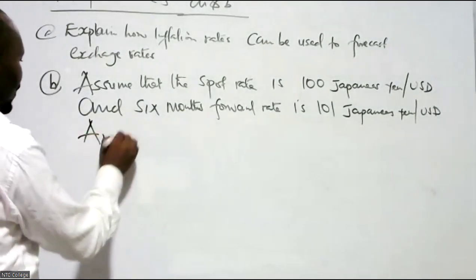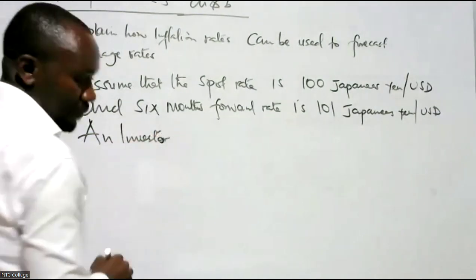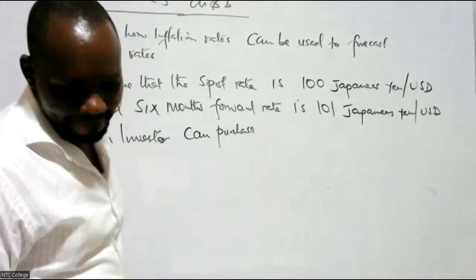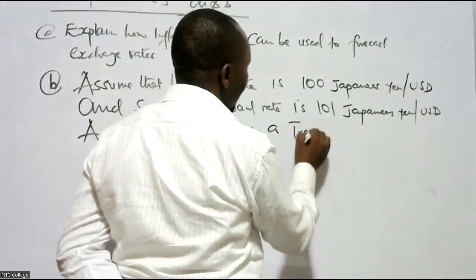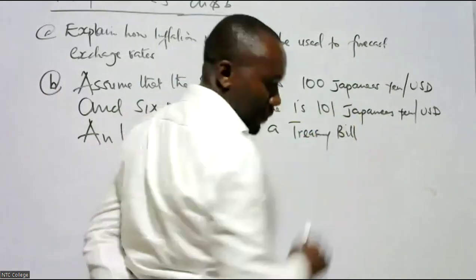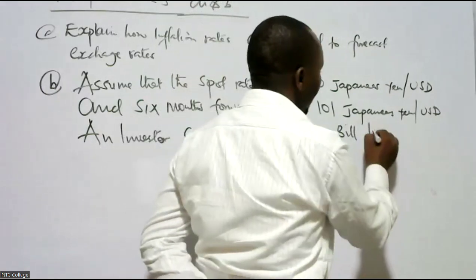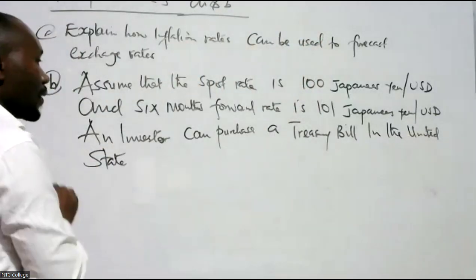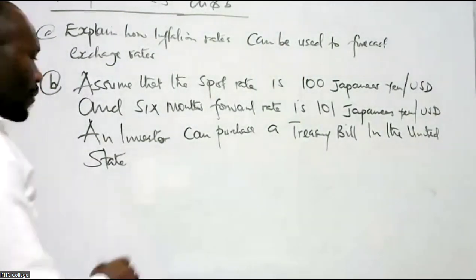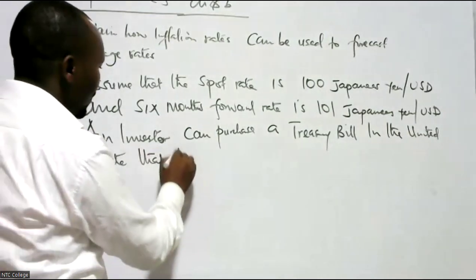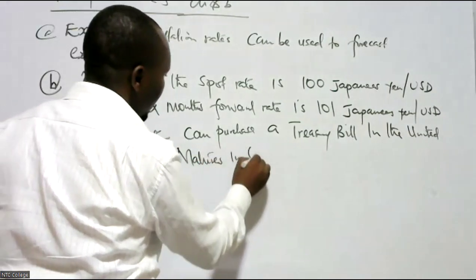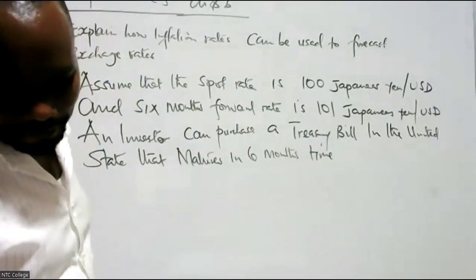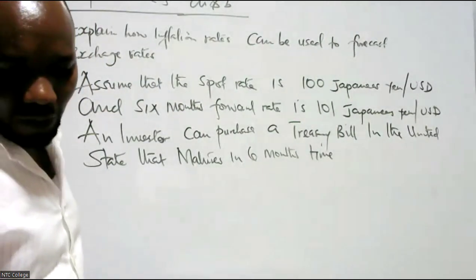An investor can purchase a treasury bill in the United States that matures in 6 months' time and earn an annual rate of return of 3%.